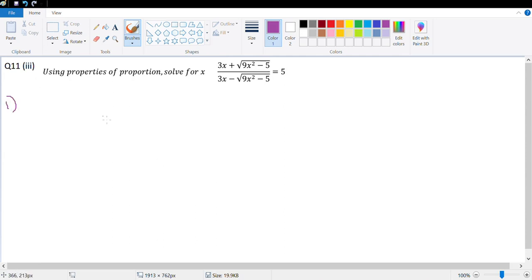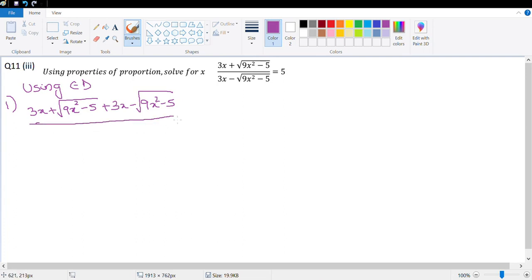So using componendo and dividendo, we get 3x plus the square root of 9x square minus 5, plus 3x minus the square root of 9x square minus 5, divided by 3x plus the square root of 9x square minus 5 minus 3x plus the square root of 9x square minus 5.